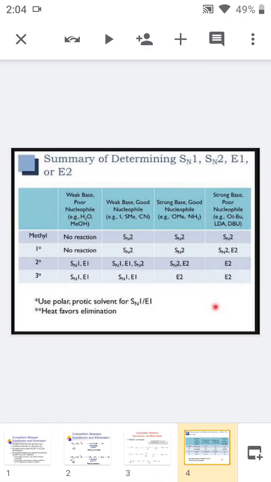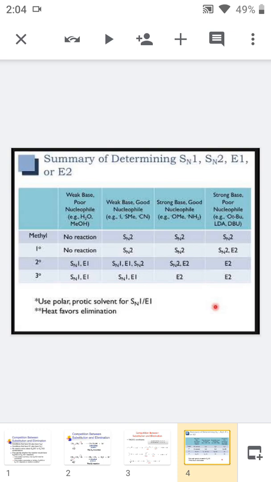Now we are considering other factors which affect the competition between the substitution and elimination reactions. See, if we take a weak base, it may be a poor nucleophile. For example, water is a weak base and at the same time a poor nucleophile. Similarly methanol. In that case, with a primary alkyl halide, no reaction will occur.